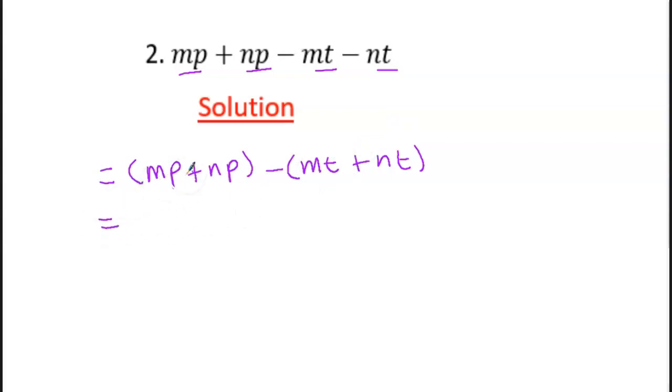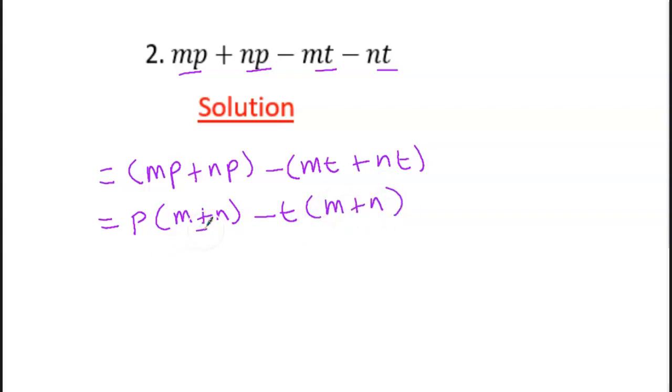Now mp and np, p is common in these 2 terms. So you bring p out, to be left with m plus n, minus mt plus nt. So t is common in both terms. So you bring t out, which will be m plus n.